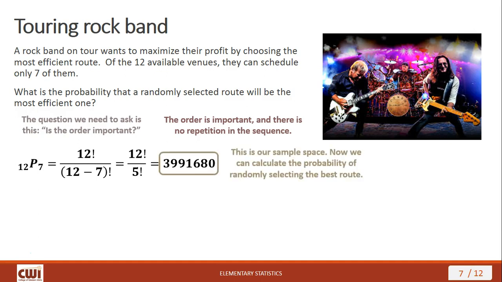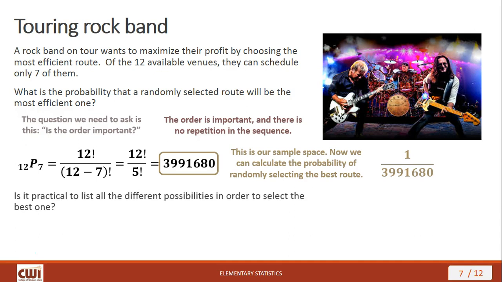This is our sample space. Now we know the total number of possibilities in our sample space, we can calculate the probability of selecting the one best route, which is just 1 over 3,991,680, which is a really small number. It's not likely you're going to pick the most efficient route by random selection.